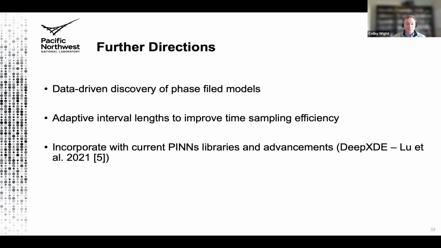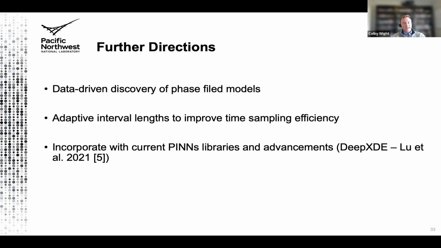So, directions to go, since we've done this work, is the data-driven discovery of phase field models. I'll mention that my collaborators at Utah State University are actively working on this direction. Another thing that could be useful if these methods were found useful would be to add adaptive interval lengths for the time sampling.